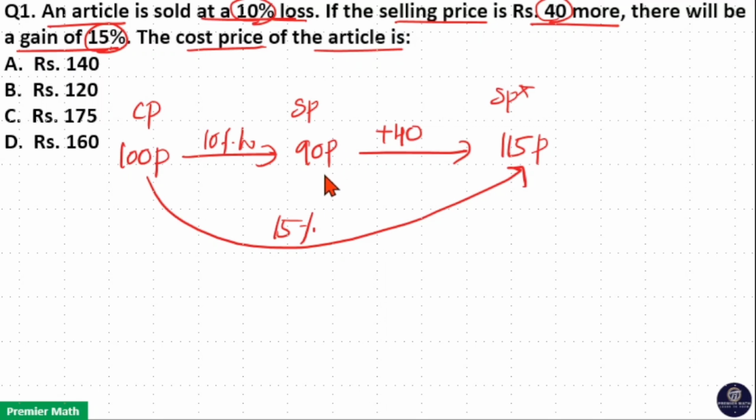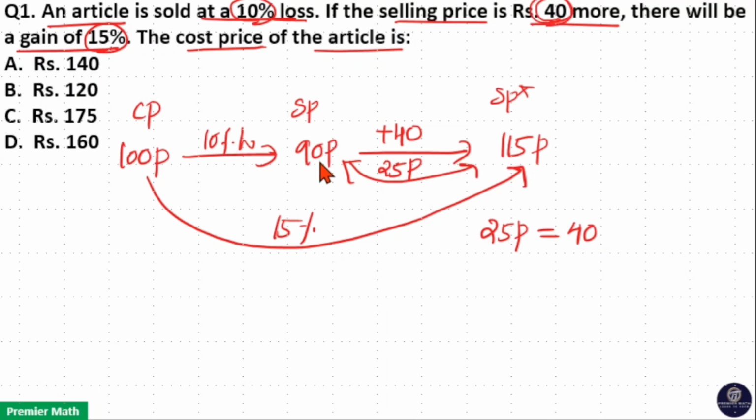Now you can see here the difference between 90 part and 115 parts is equal to 25 parts. That is, this 25 parts actual value is 40 rupees, because if the selling price is rupees 40 more, there will be a gain of 15%.